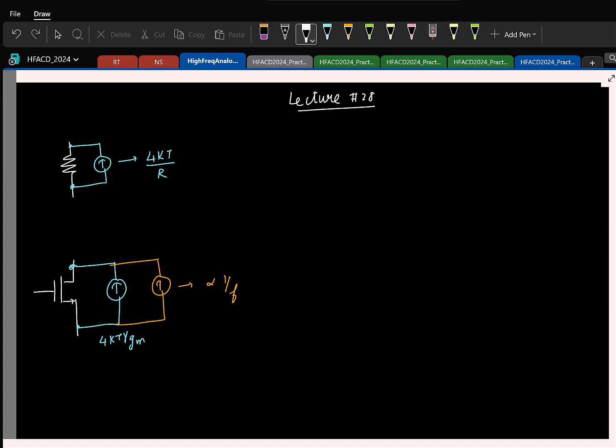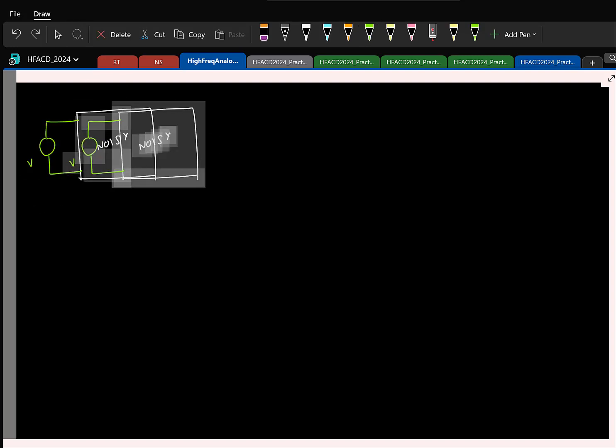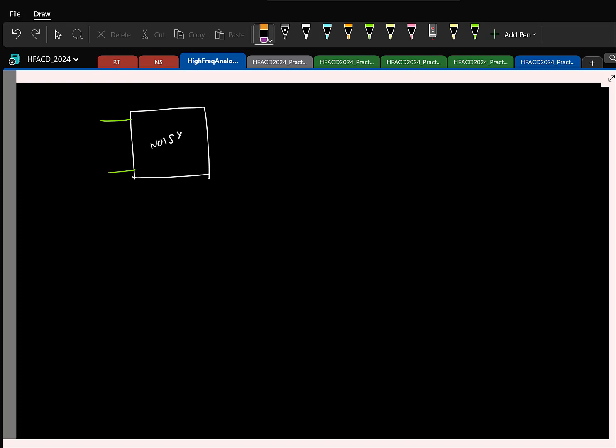We also saw that if we have all these noisy elements in a circuit, say a lot of transistors, resistors, etc., and we excite this network with a small signal input, then at the output, either the open circuit voltage or the short circuit current, you'll have a contribution due to the input, but you'll also have noise.